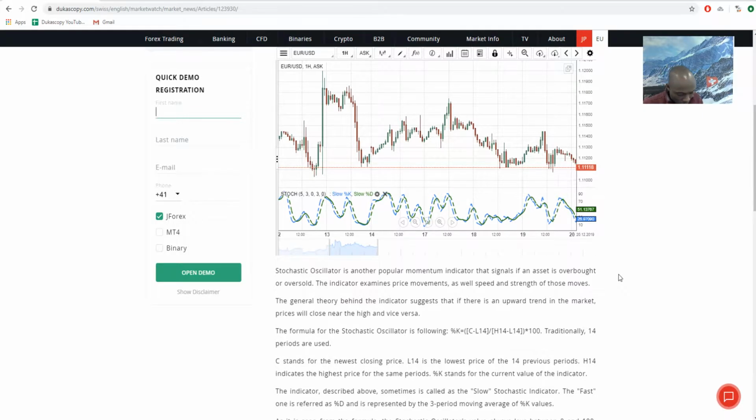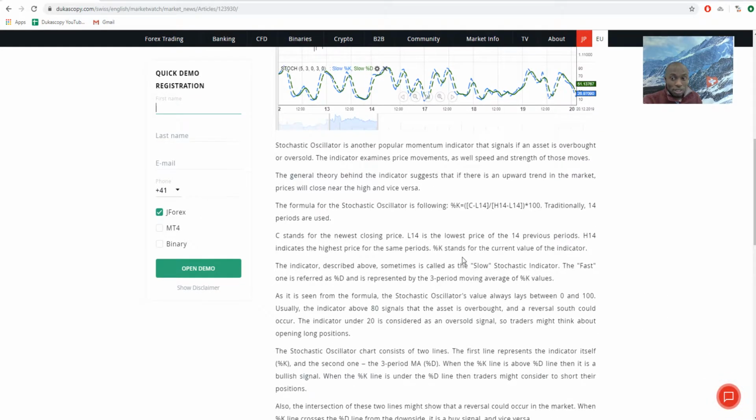It's very simple. And there's a formula for stochastics. Look at the formula which she put there, and this is the theoretical formula. Then I will explain the short form of the formula in a little while. The formula for stochastic is %K equal to (C - L14) divided by (H14 - L14), multiplied by 100.